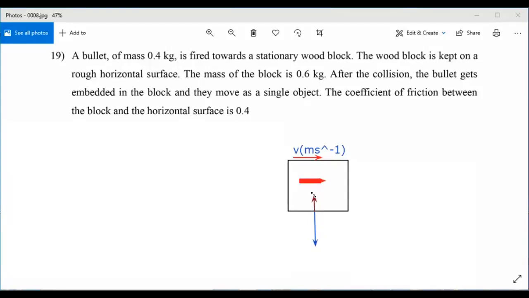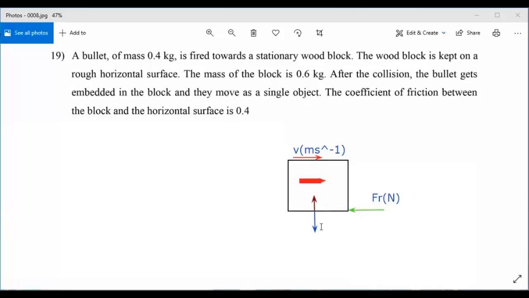So please draw this figure again, because we need these things, and we should mark the friction force acting on the object like this, right? Please draw this one. So the friction force acting on the object, I'll mark it as Fr Newton.